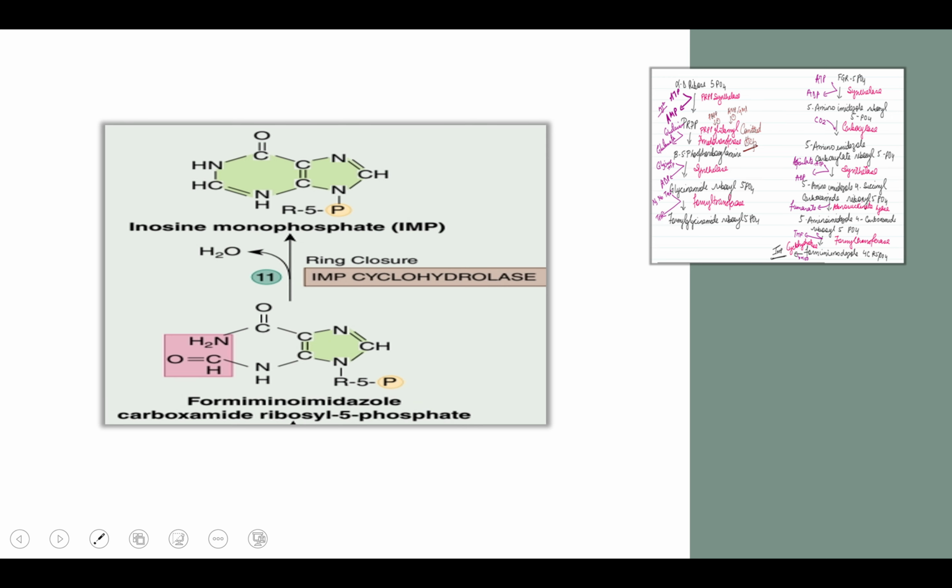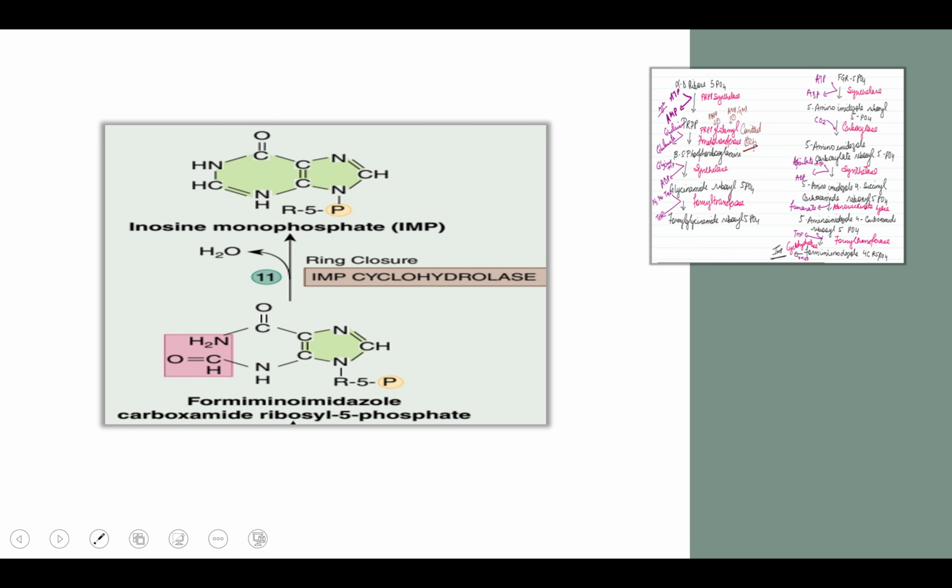So ultimately, ribose 5-phosphate was used as a base in purine metabolism, and further the ring closure takes place, and then the closure of the second ring takes place in the last step, that is the IMP cyclohydrolase step, leading to formation of inosine monophosphate. Okay, so this was about the formation of IMP.